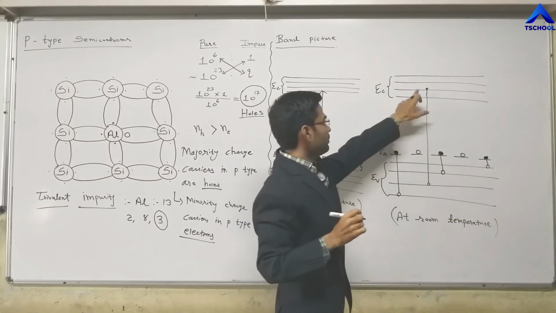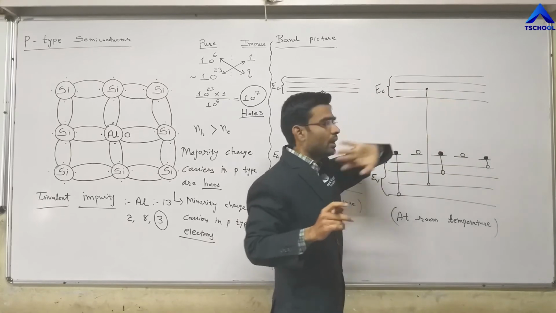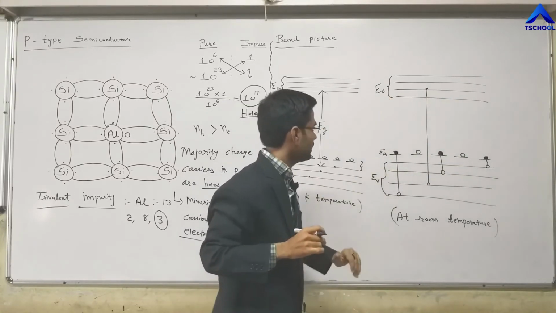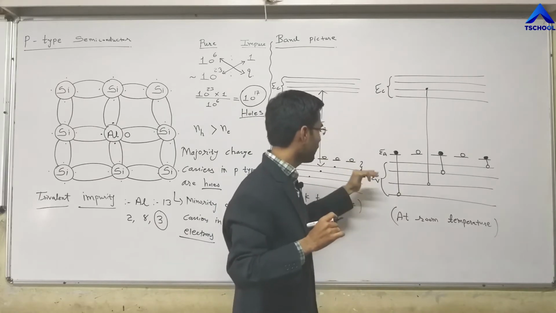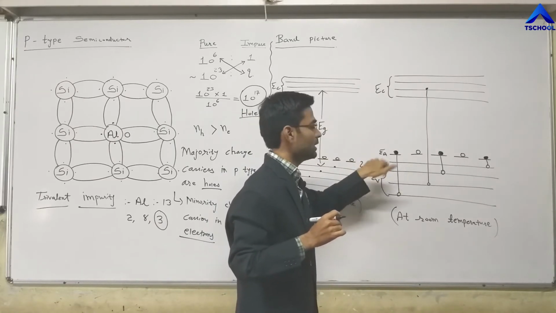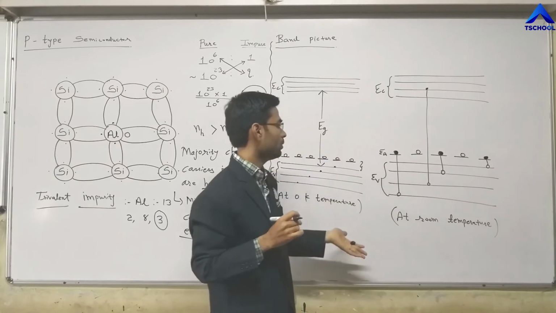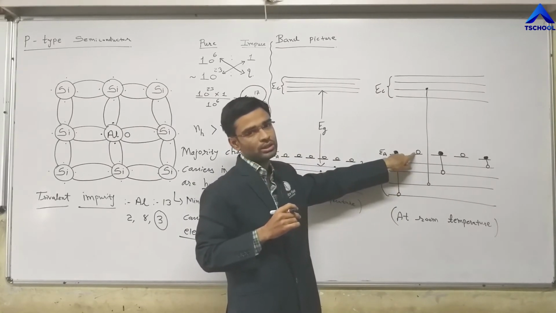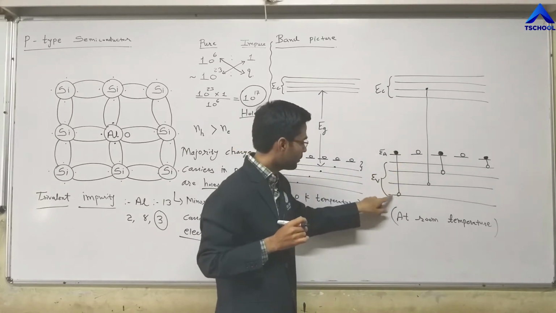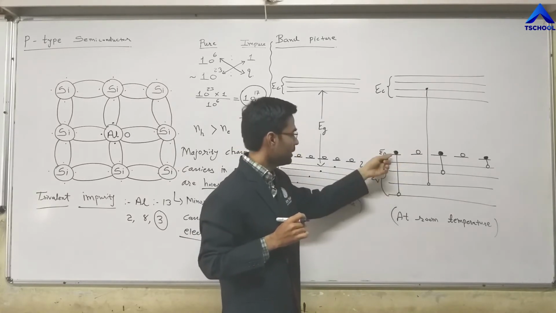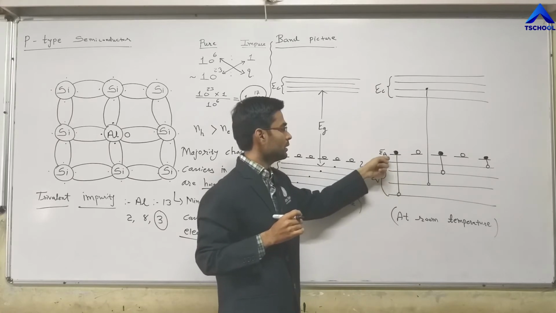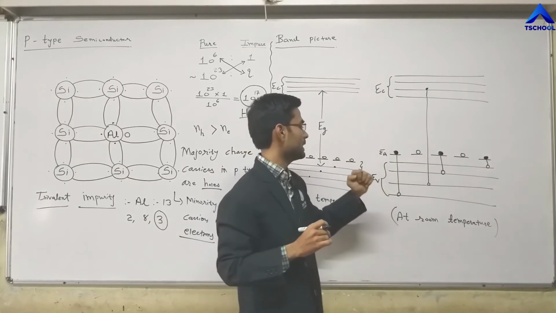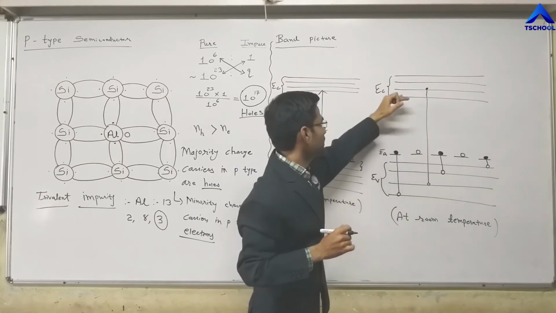That number density of electrons is very small compared to the acceptor band energy level. More electrons are accepted by the deficiency of the trivalent impurity. More electrons are trapped inside the acceptor energy level, and only a few electrons can jump from the valence band to the conduction band.